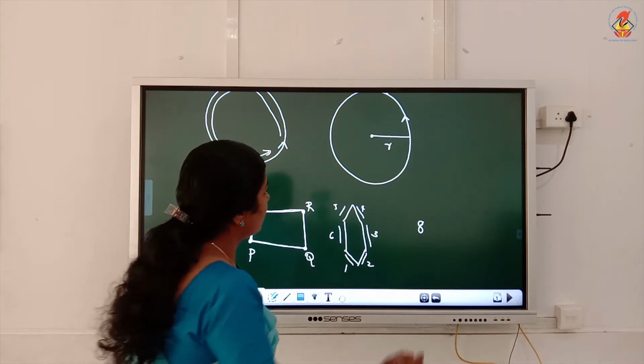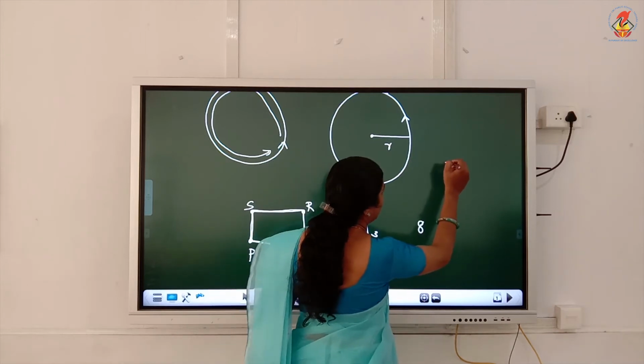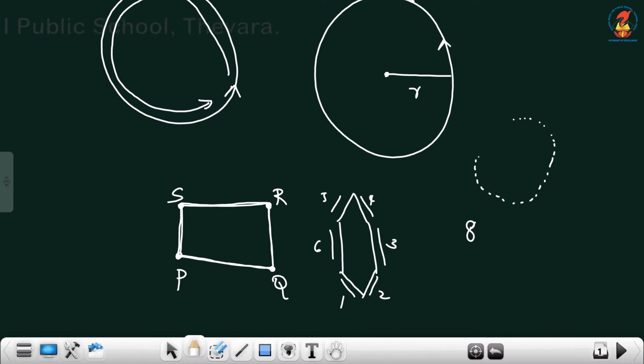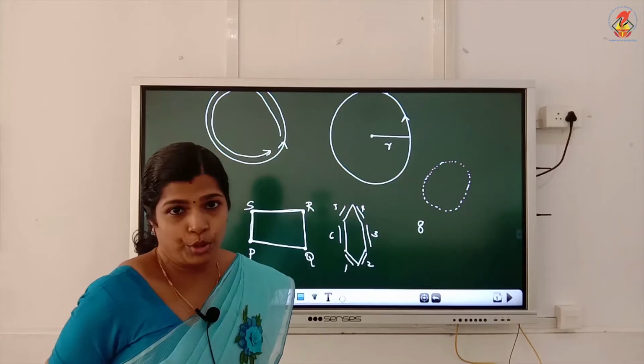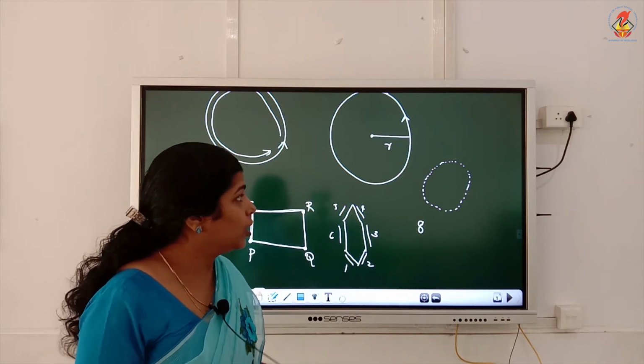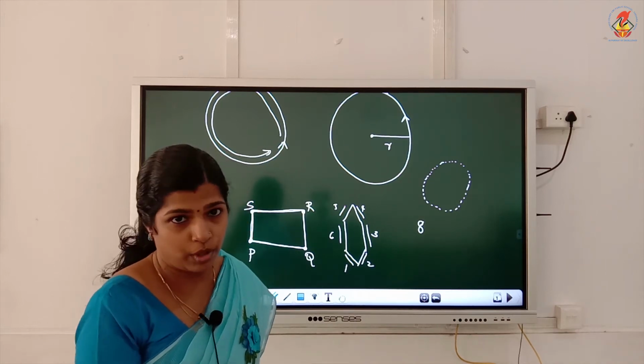Suppose you consider the circle is made up of n number of points like this. At each point the particle will change its direction of motion. So altogether n times the particle will change the direction of motion.